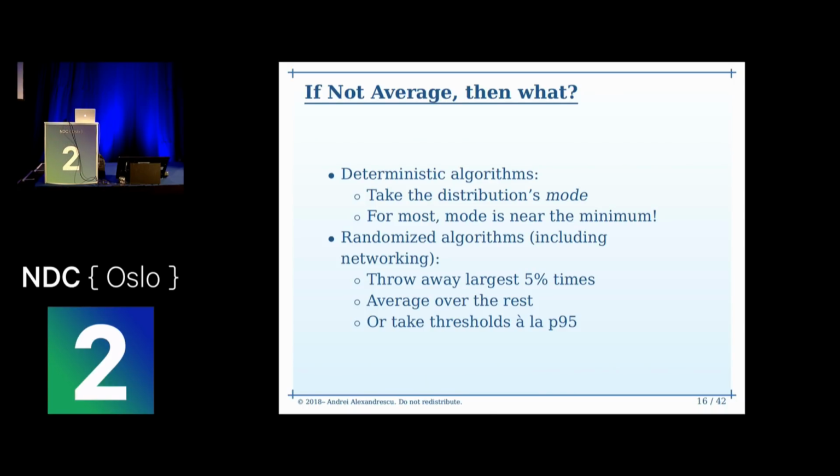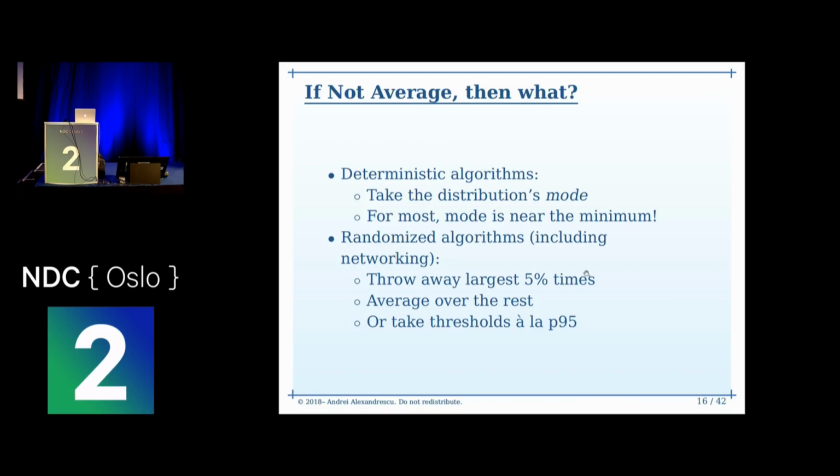So for those, you've got to go with things like, I want to throw away the largest 5% of times. And actually, if you plot the histogram of times and frequencies, you're going to see that there's a few outliers, and it's going to be very visible where the weird noise is, and just cut that away. It's going to be in the top few percent.